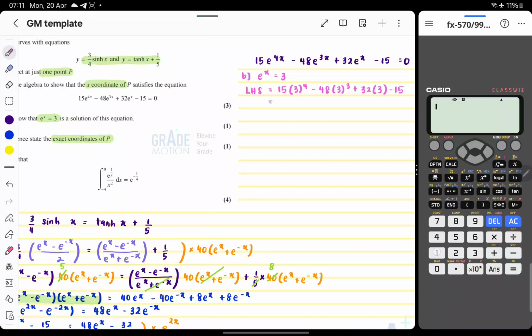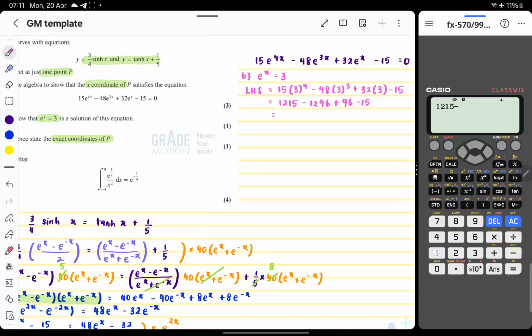This is equal to 15 times 3 to the power of 4, that is 1215, minus 48 times 3 cubed, that is 1296, plus 32 times 3, that is 96 minus 15.